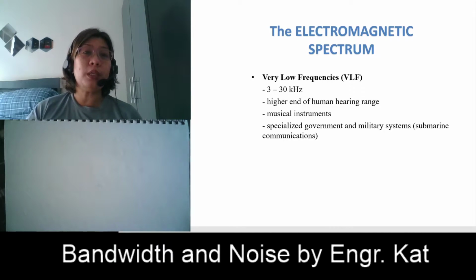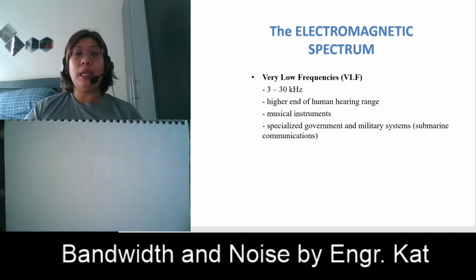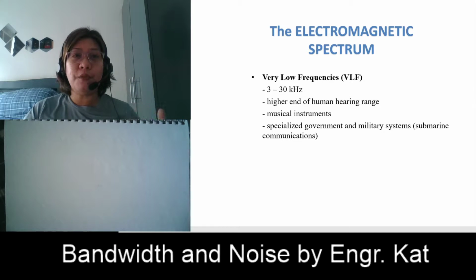Some musical instruments have this frequency range. And then we have the specialized government and military systems. For submarine communications, they make use of this frequency range. So whenever they are transmitting and receiving information in their submarine communication, the design of their electronic circuits has the frequency within this specific range.